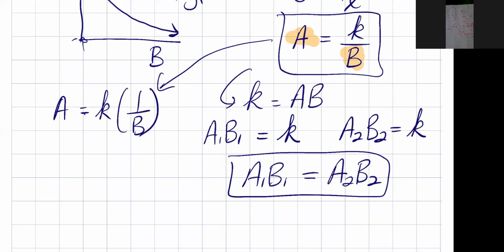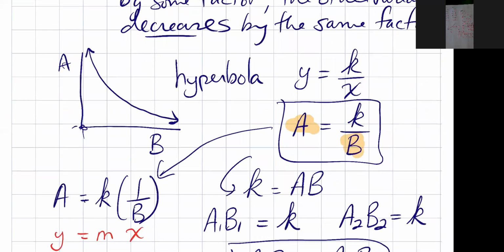Well, if you think of it like that, you can now look at that equation as y equals mx, which we reminded ourselves a minute ago is the equation of a straight line. So therefore, where the graph A versus B gave me a hyperbola, this graph is one version of the inverse relationship that you want to remember. A graph of A versus B would be hyperbolic if it's an inverse relationship.